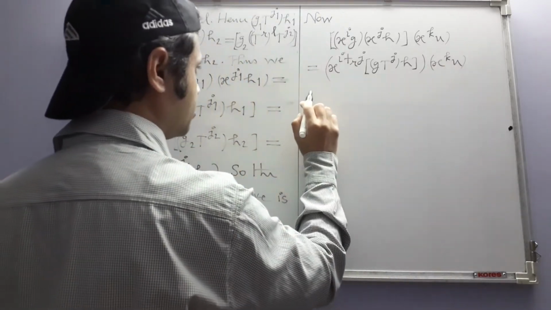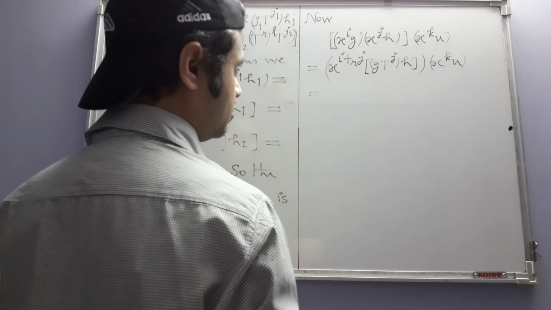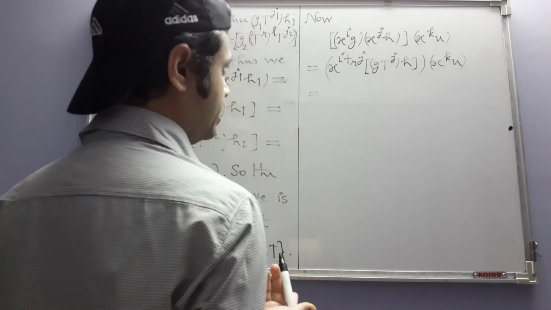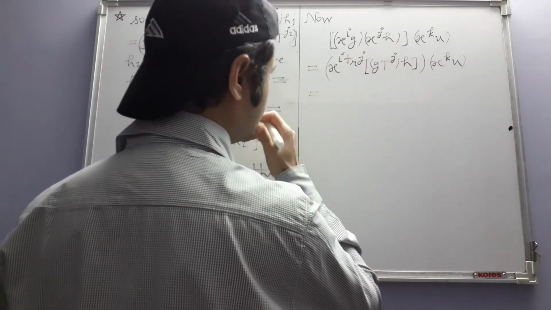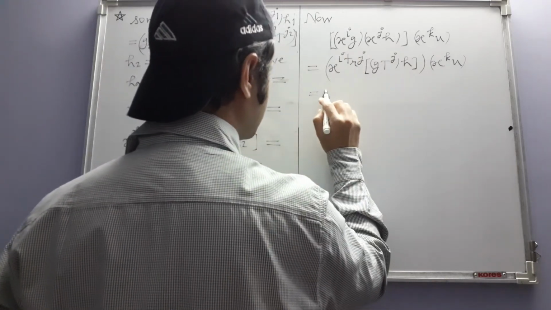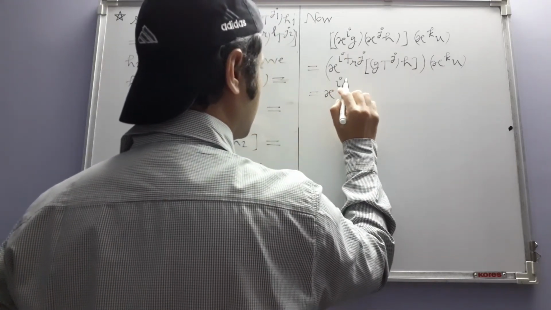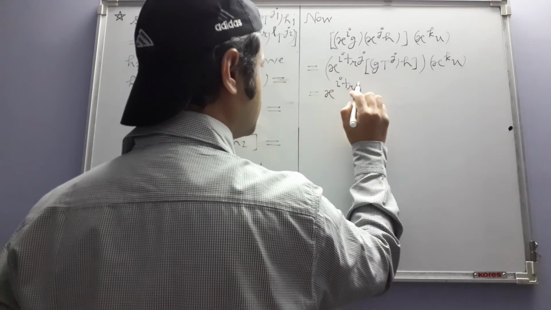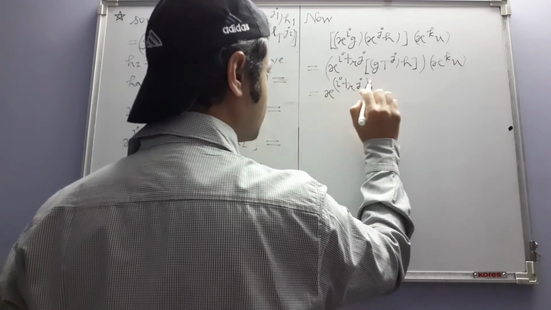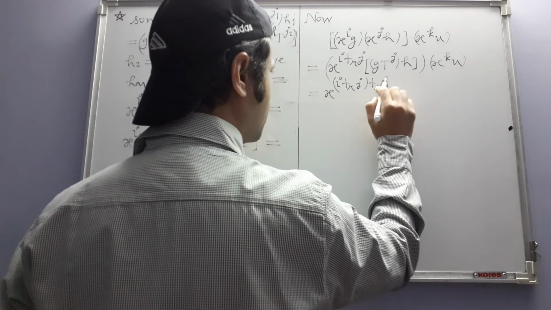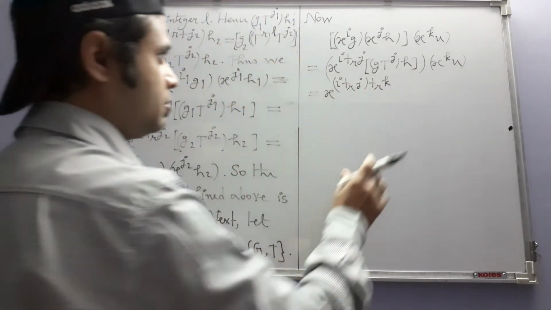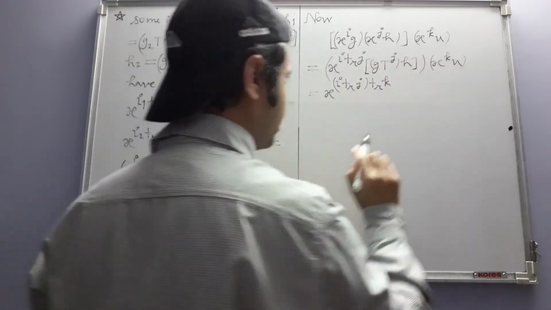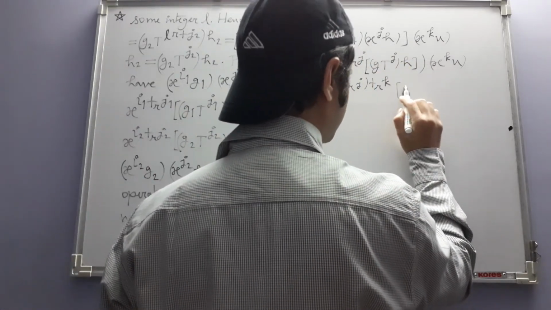Now the outer one. Okay, so what is it that we have to do here? First, let us see the numbers above x: i plus j plus r k, and then first we have this group element.